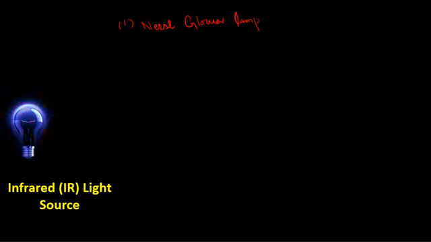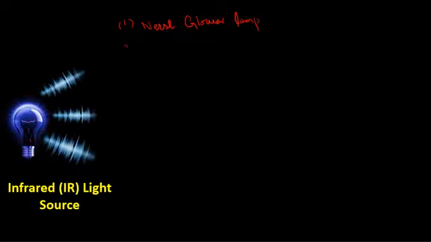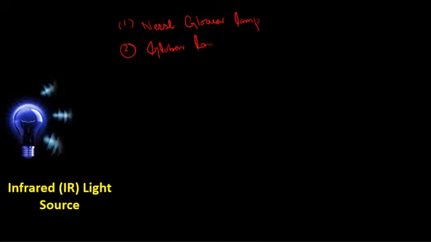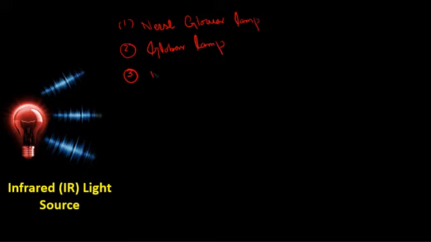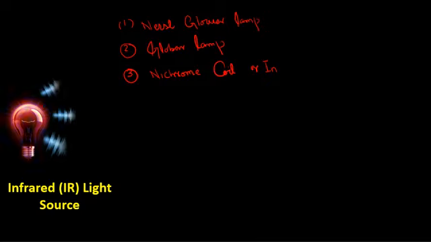The second type of IR source used in the infrared spectroscope is known as the Glover lamp. The third type of IR source is known as the nichrome coil or incandescent wire.